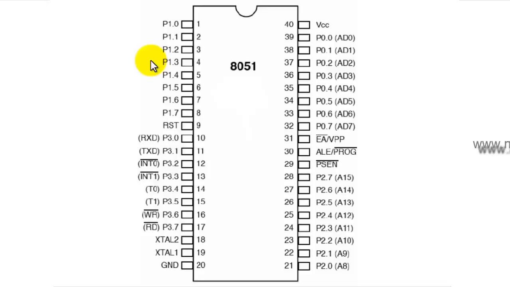For example, if we want to input bit 1 on P1.0 and the rest of the pins should be 0, we can do it by setting this pin as high and the rest of the pins as grounded.